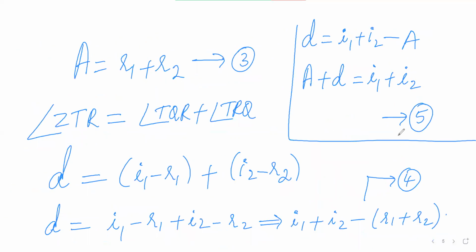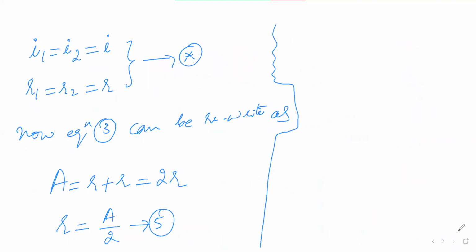Next, when we come to the fifth equation, what does it say here? A plus D equals I1 plus I2. But we know that I1 equals I2 equals I, right? So that can be written as A plus D. The D can be written as capital letter D also. I plus I equals 2I.